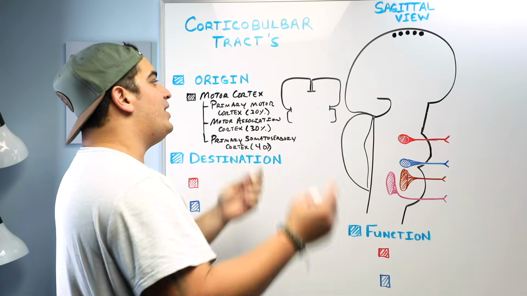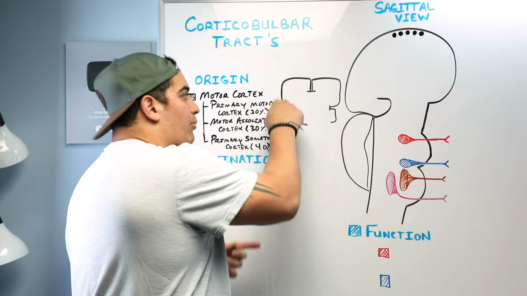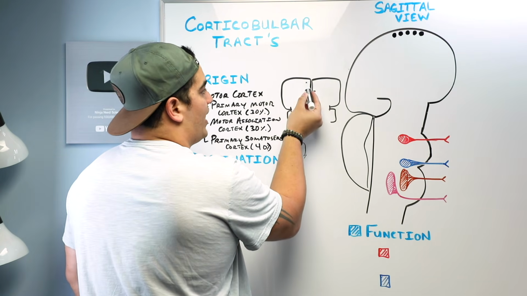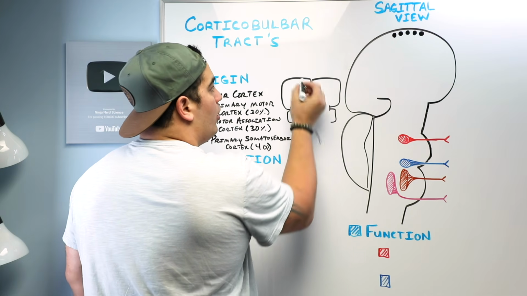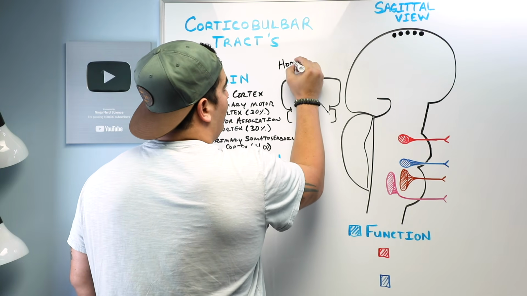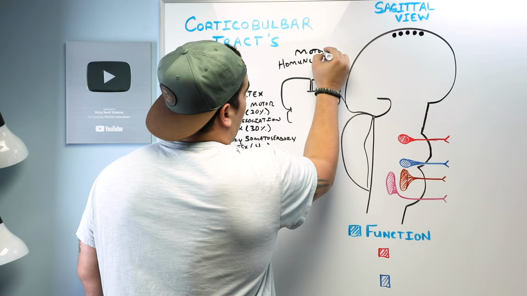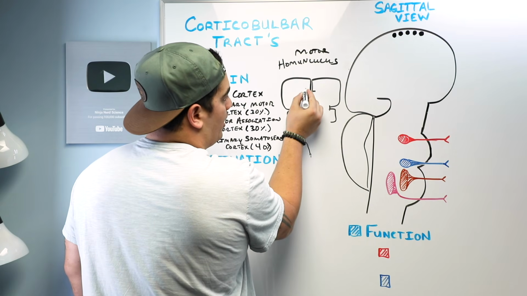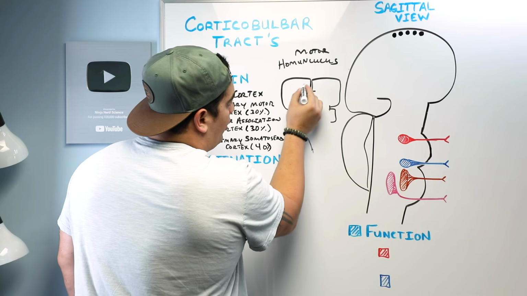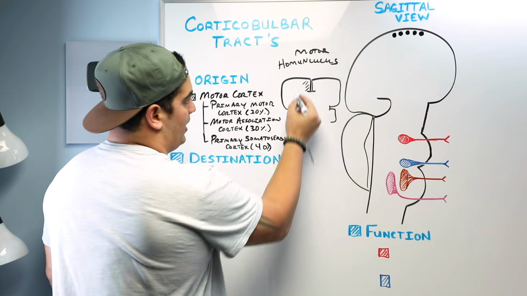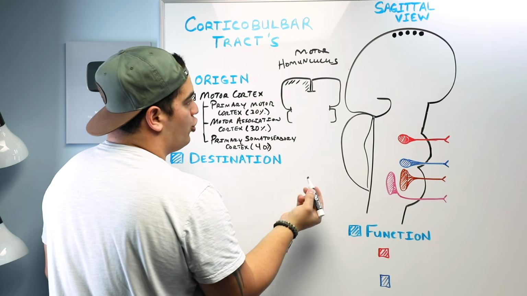But then if we dig down a little bit deeper into that primary motor cortex, take a coronal section, from that motor cortex, where on the homunculus, right? So if this is our homunculus, that little man that we look at, the motor homunculus, what portion of that homunculus would be here? Well, here you're going to have where the legs are, right? So this portion right here would be your legs, your lower extremities. This portion right here would be the trunk.